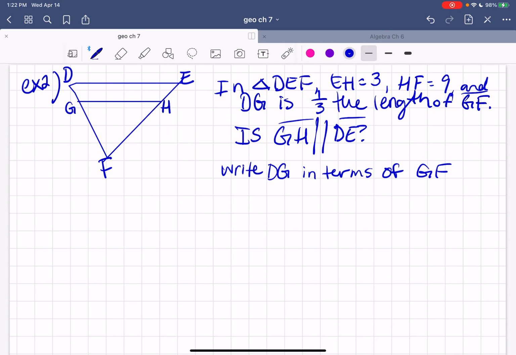So if you have something that's a third of the length of something else, what you're going to do is take GF and you're going to call it X. And then we're going to call DG 1/3 of the length of GF. So it'll be 1/3 times X.